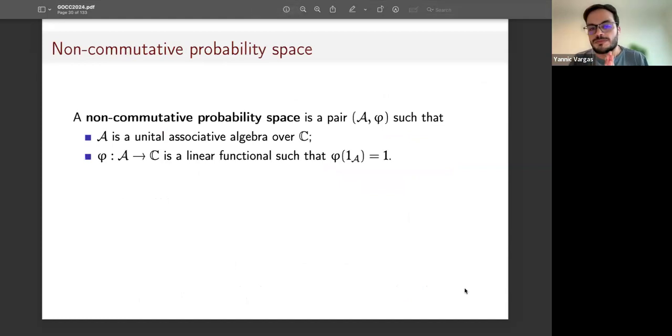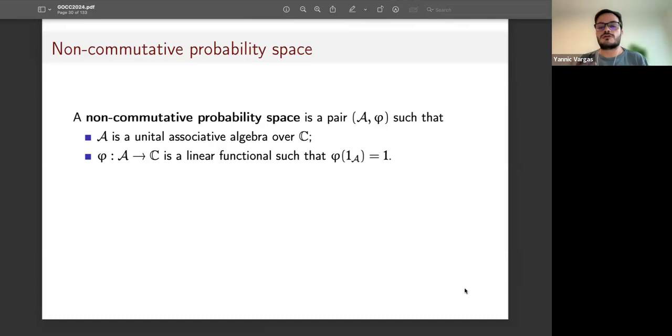A non-commutative probability space, at least in this talk, will be just a pair formed by a unital associative algebra over the complex numbers. Working over the complex numbers is so far all that we need, and a linear map from A to C that sends 1 to 1. This definition is very algebraic, and is not the one provided historically by Voiculescu at the beginning.